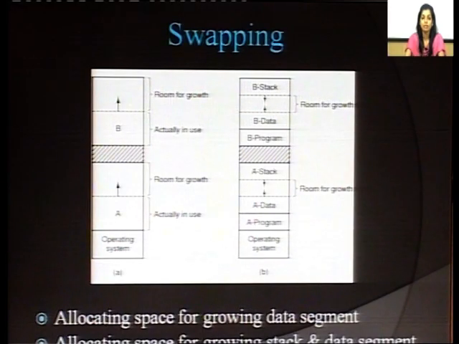Growing more means that during processing their values are increasing, so their pages require more space, and they may grow from their actual position. So in this way, with the operating system, A program, A data, A stack, a single program needs more and more space during its execution. We allocate space for a growing data segment and for a growing stack and data segment.